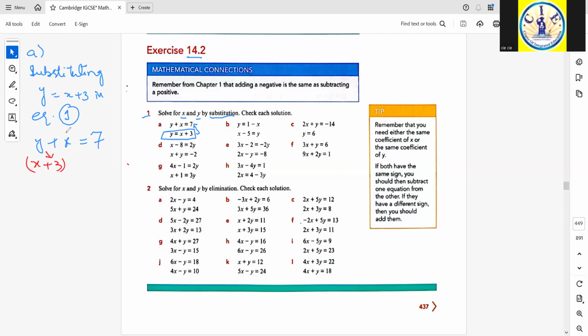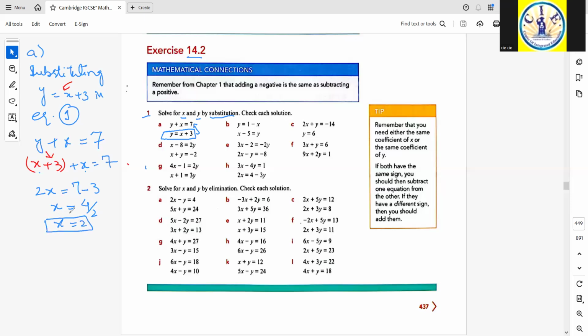This is the value of y we have got from the second equation, and then plus x is equal to 7. Now the like terms are x, and then shifting this 3 to the other side, that will give me 4. The value of x is 2.